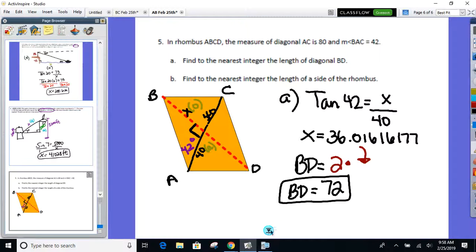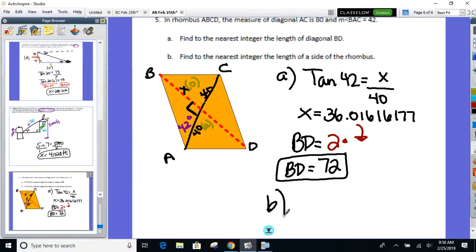And I'm going to let you by yourself or with your group finish up and do part B now. Find a side now of the rhombus. A couple different ways you could do it. Sine, cosine, tangent might not be one of the ways you want to use, which is fine.